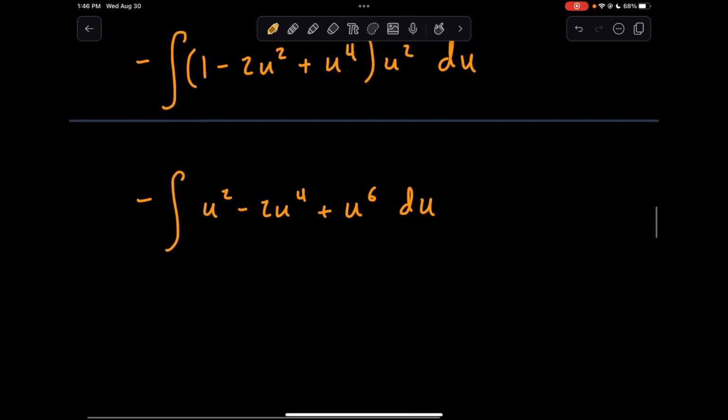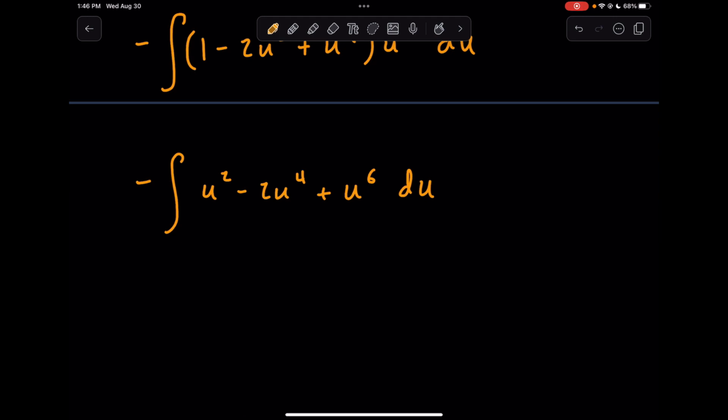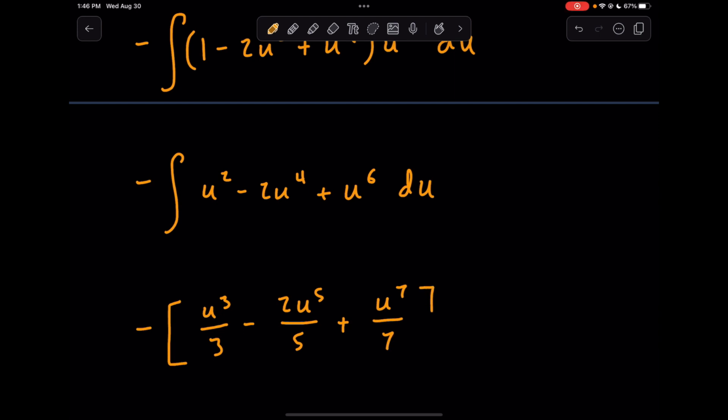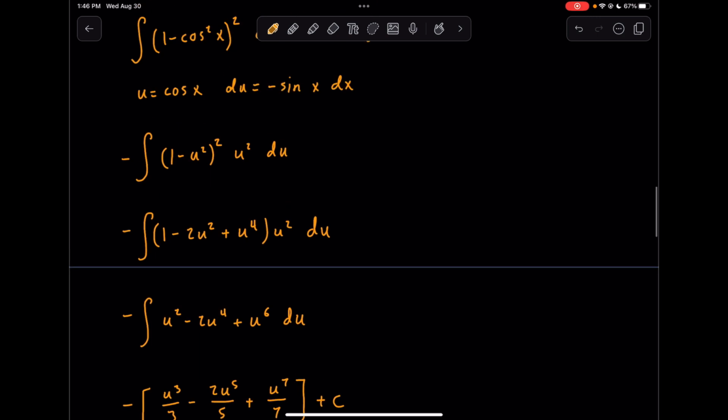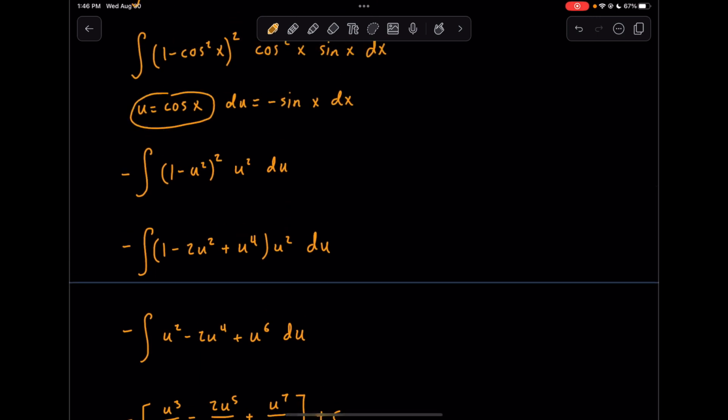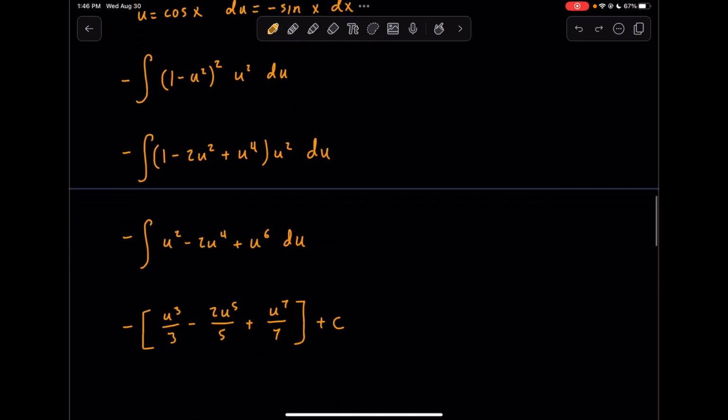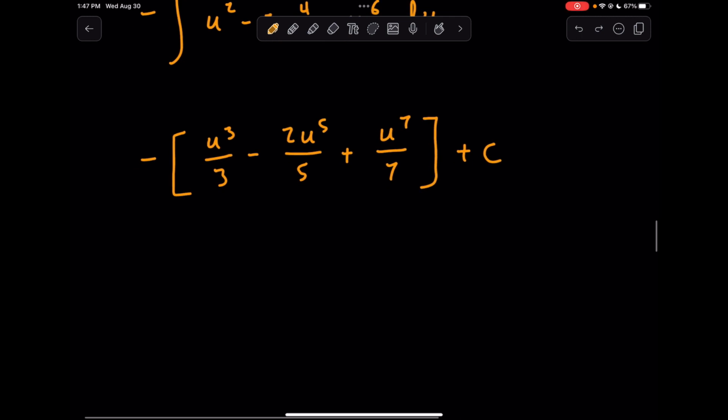Now we can just use the basic power rule to integrate each of these. So that's negative u cubed over 3 minus 2u to the 5th over 5 plus u to the 7th over 7. And lastly, recall that u was equal to cosine, so we can substitute cosine in to get our final answer.